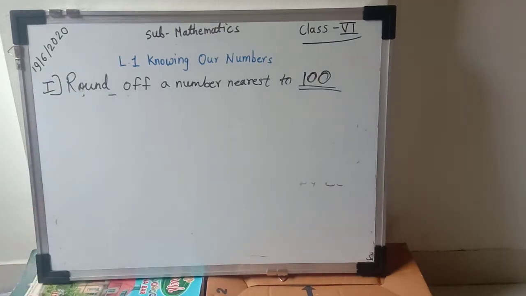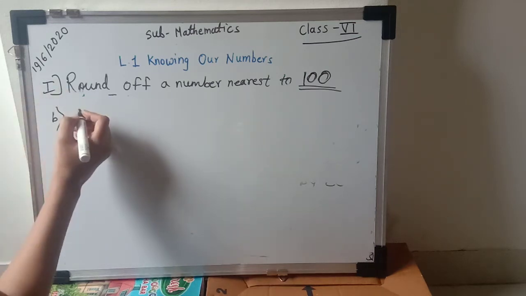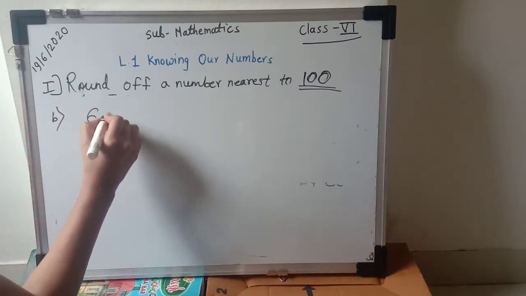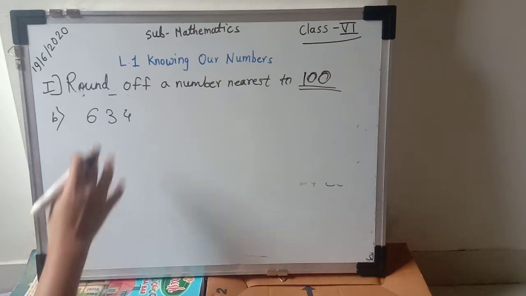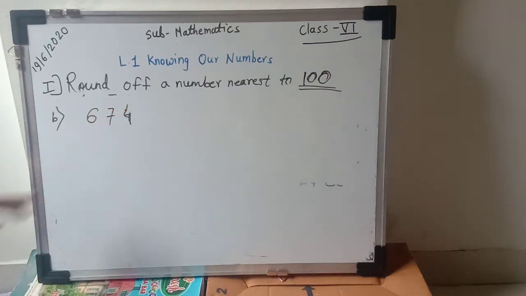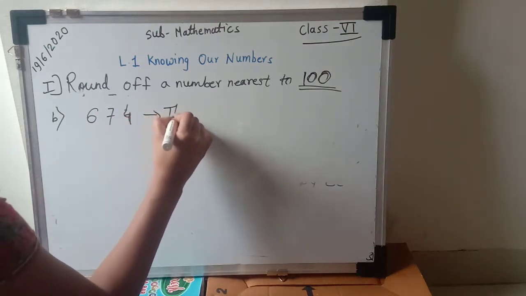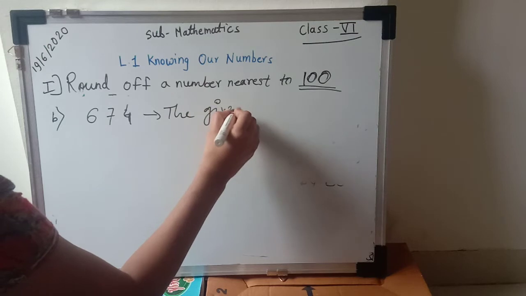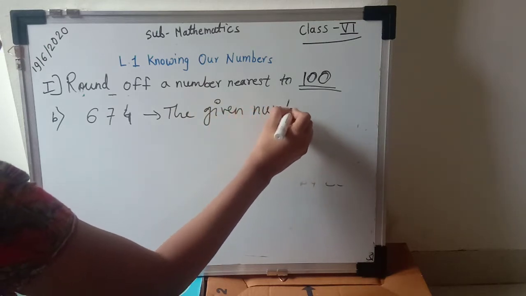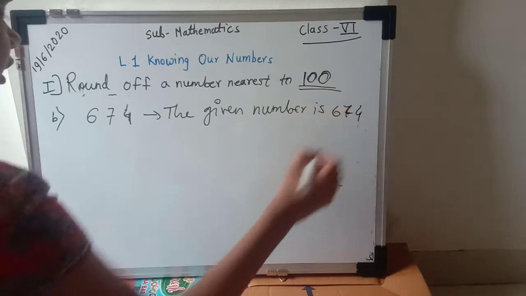Okay, now one more example. Let's take 674. So the given number is 674.